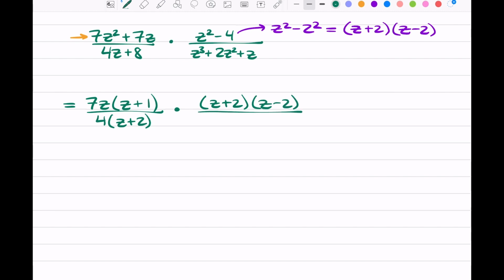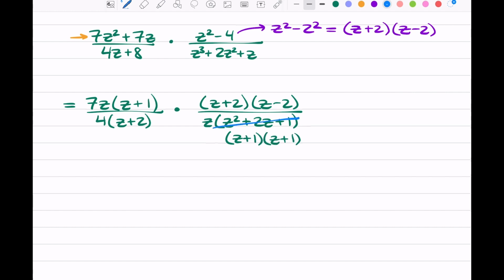Now we have one more piece to factor, z cubed plus 2z squared plus z. You might notice that you can factor out a z, so we're left with z squared plus 2z plus 1. Now we have a quadratic expression, and we can factor that. We can write it as z plus 1 times z plus 1.